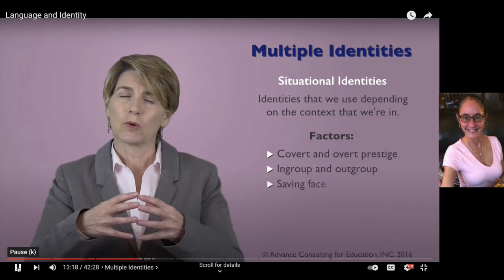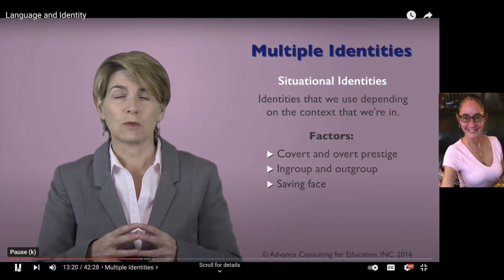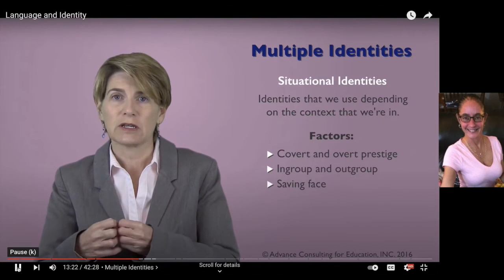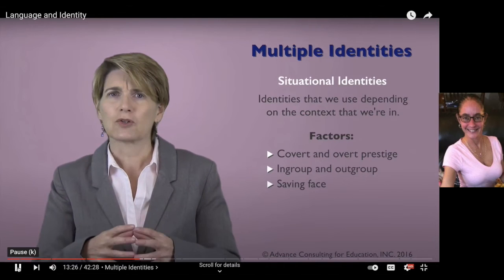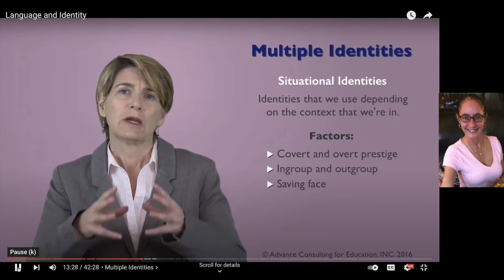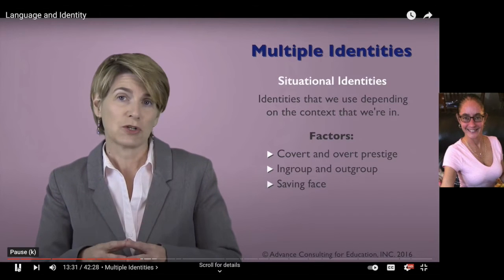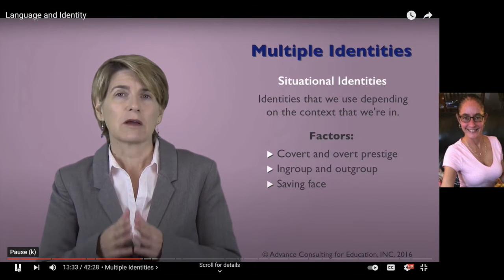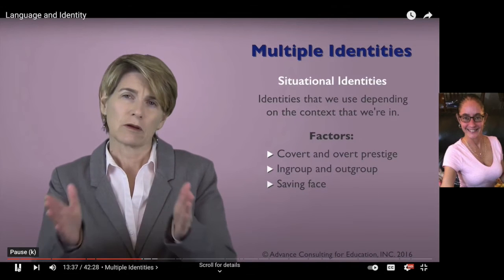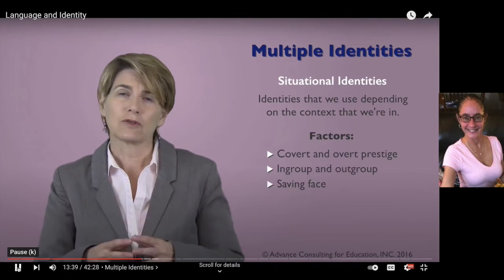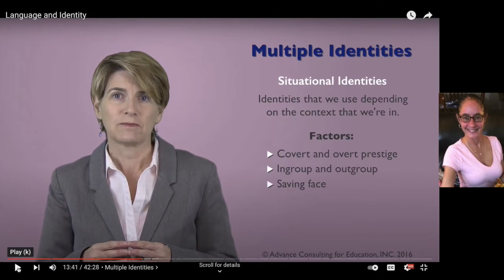Do we want the people we're with to save face in a particular way? So I'm going to pull out this specific identity to allow that to happen. So there's a lot of relational choices that go into our selection of situational identities. We really make our situational identity choices based on the people we're with and the context we're in and the nature of those relationships.